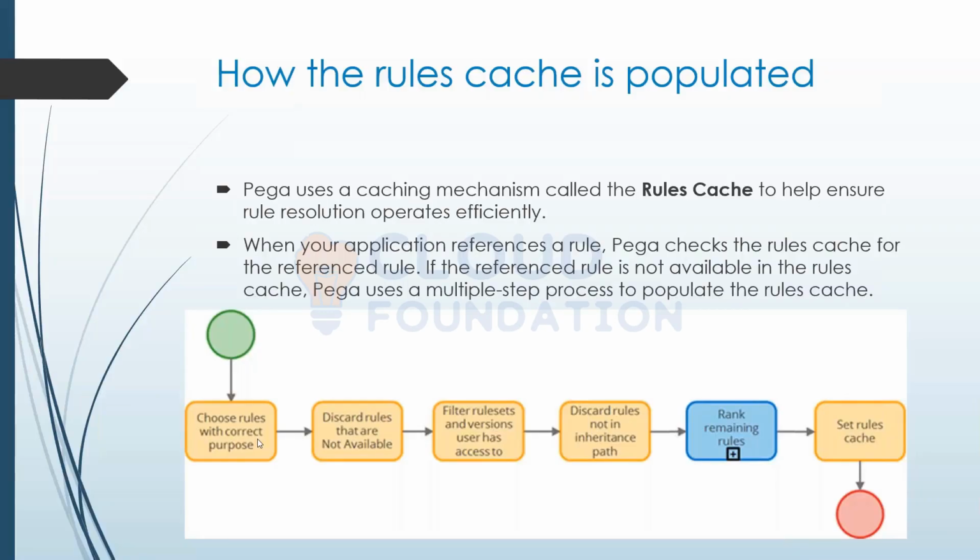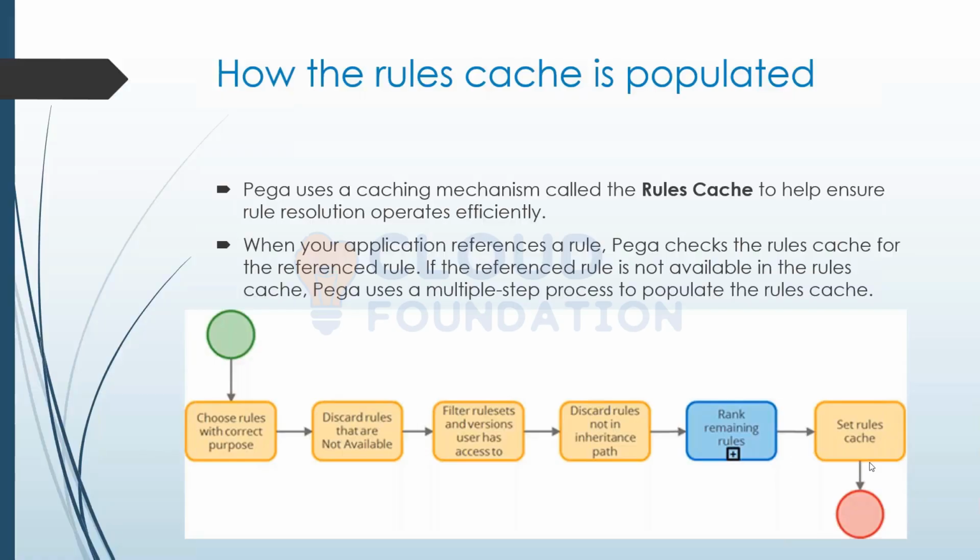Then discarding rules that are not available. Once you get a list of rules here in the first step, the system slowly starts eliminating the rest. This is going to be an elimination process. Suppose you start with 20 rules with the correct purpose.